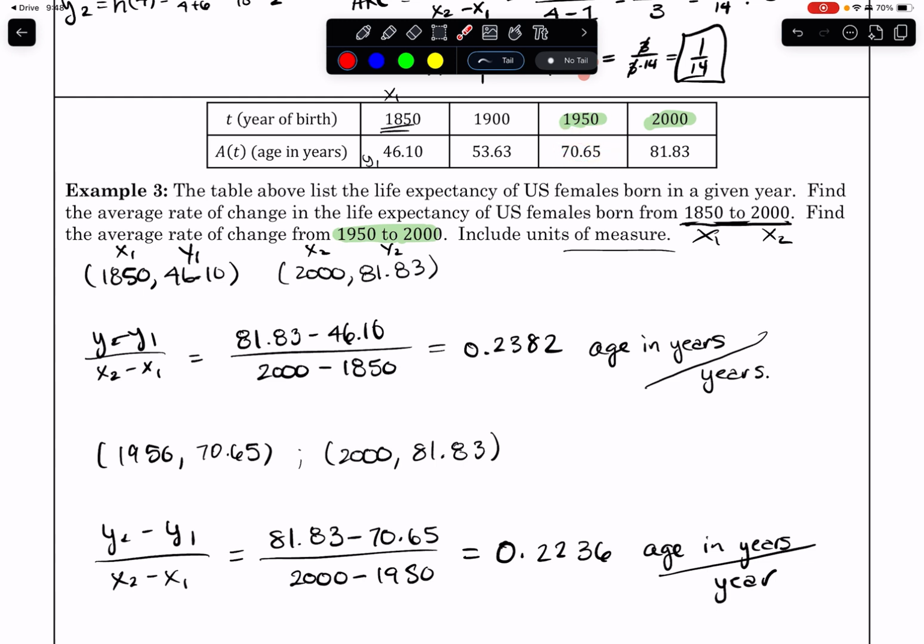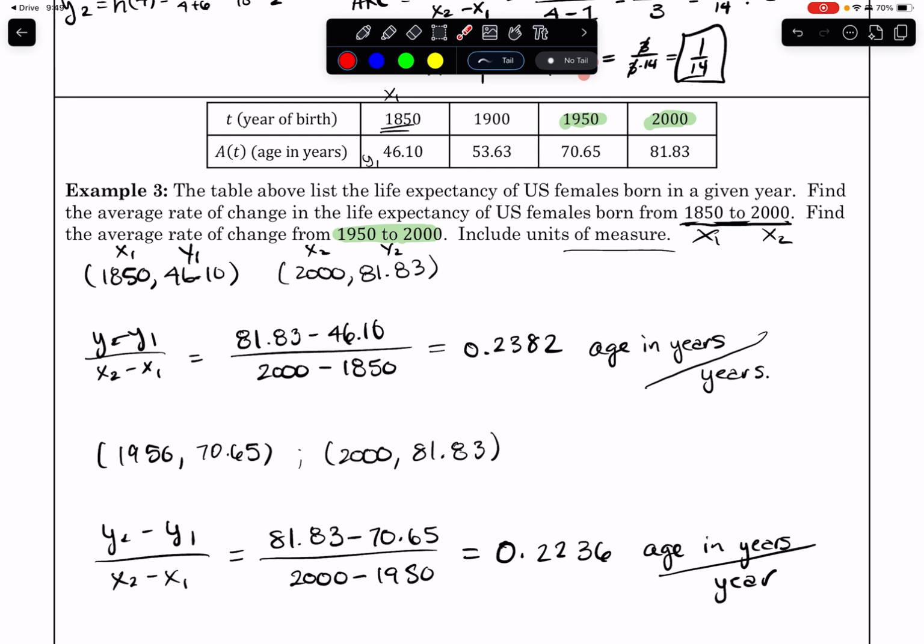Someone born in 1951 would be expected to live 0.22 years longer than this person right there. In 10 years, in 1960, they could expect to live, I'm sorry, 2 years longer. In 10 years, that would be 2.2. That would move the decimal over, so that'll be 2 years longer, okay?